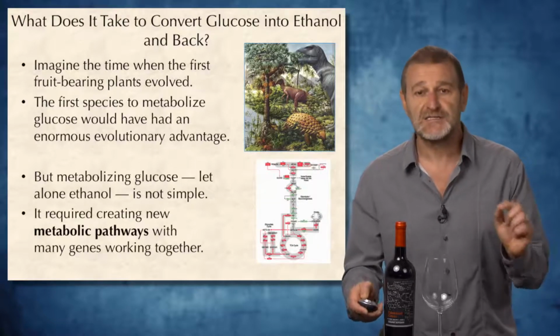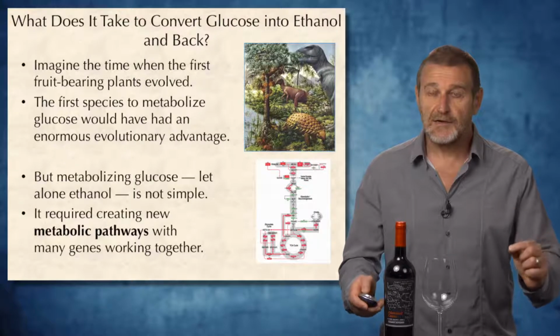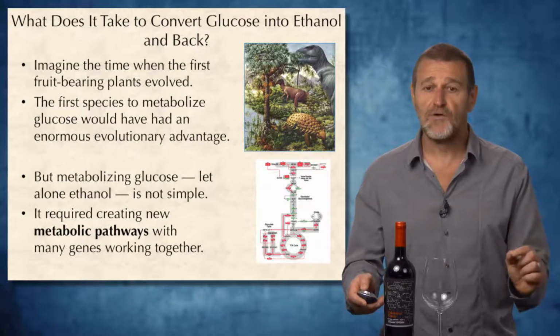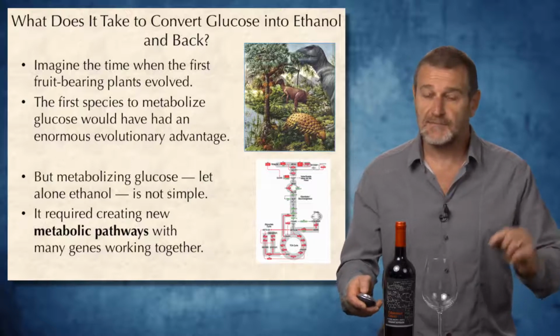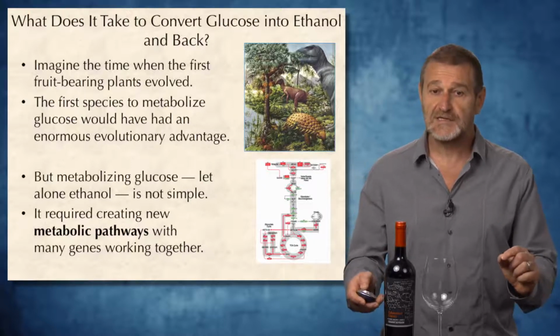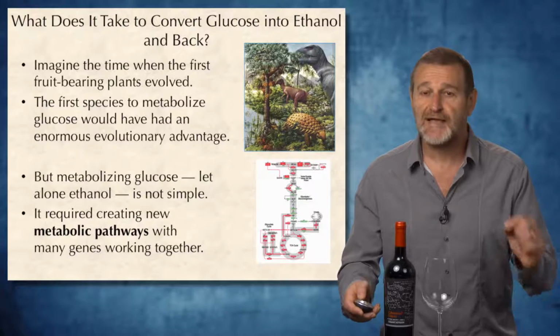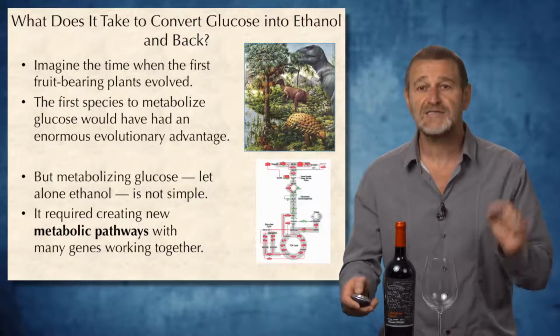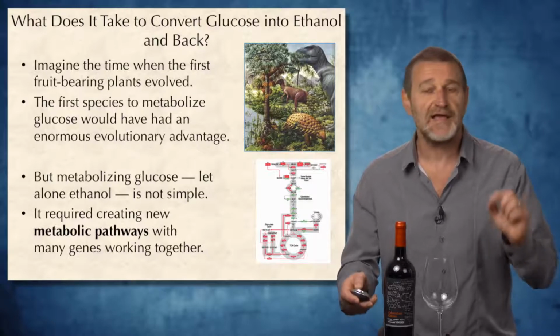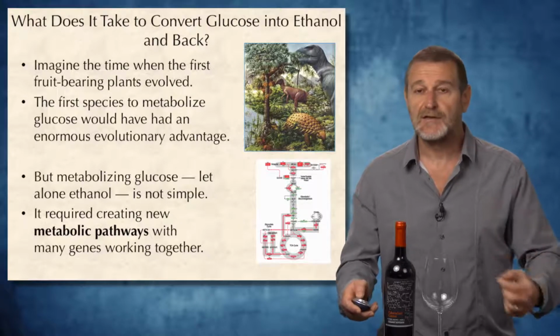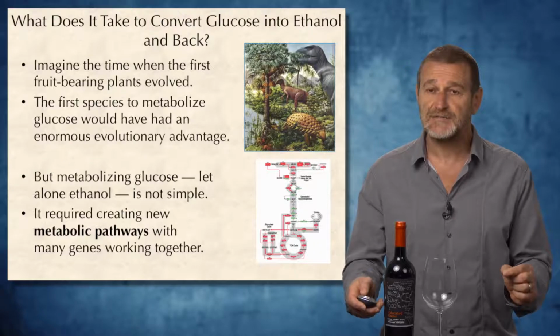However, transforming glucose into ethanol is not a small feat, let alone metabolizing ethanol afterwards. It is a very complex biochemical reaction, and it requires creating a new metabolic pathway, essentially a revolution in the biochemical abilities of the organism.